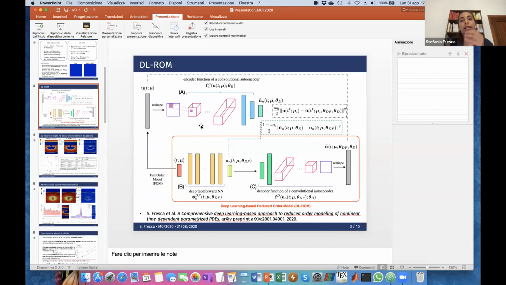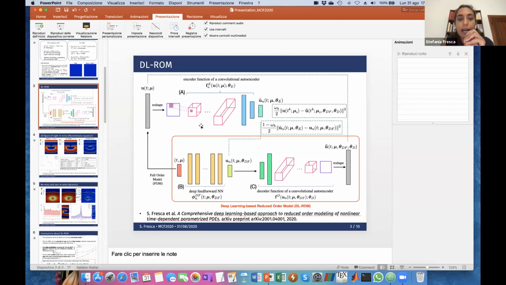Okay, the first one is related to the fact that we are replacing the map, for example, in POD-Galerkin ROM, the matrix V, which maps the low-dimensional coordinates to the high-dimensional ones. And autoencoders do exactly the same thing, but in a nonlinear way.